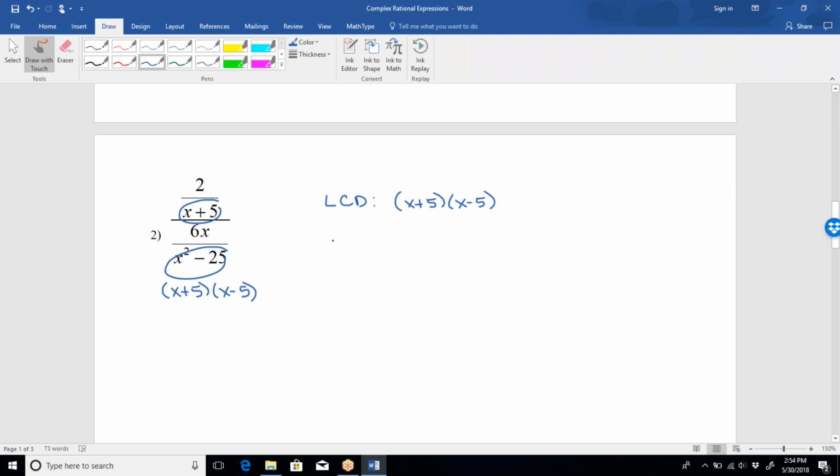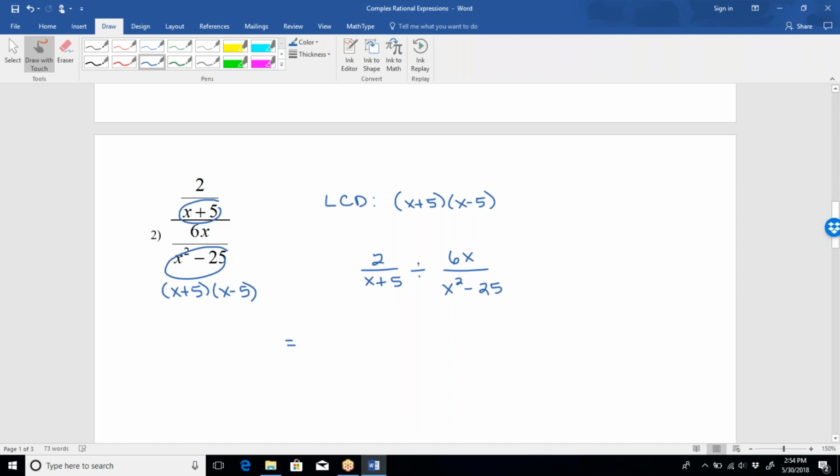But in my opinion, the best way, the easiest way, I guess, to do this problem would be to write it horizontally instead of vertically, so something like this. And then to just do what we do when we divide two fractions, which is multiply by the reciprocal of the second fraction.